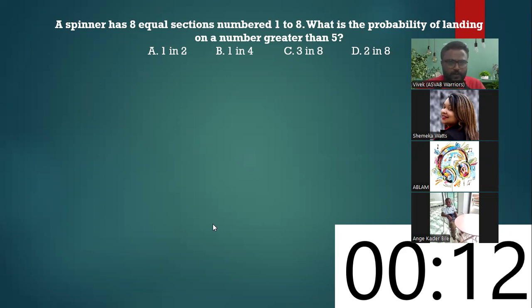Ablam got B, Anjay got C, Shemika got C, Joseph got C. Let me solve this one for you.